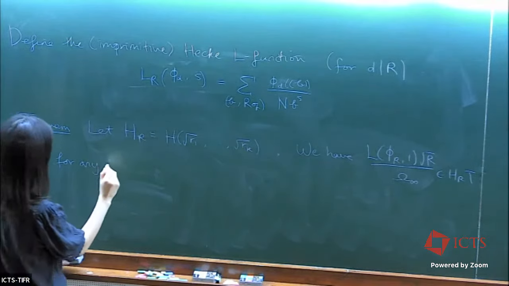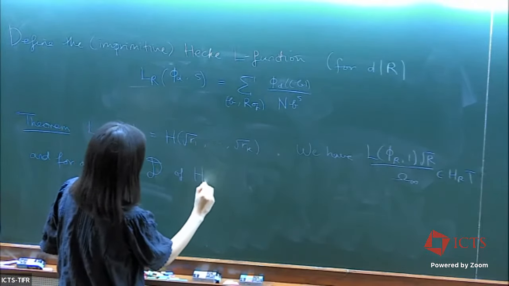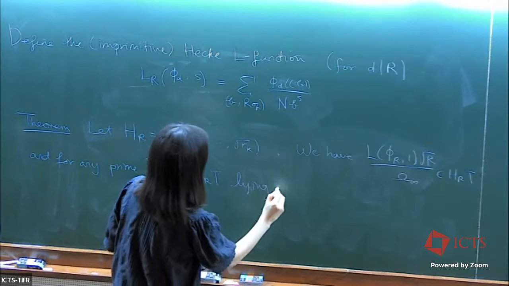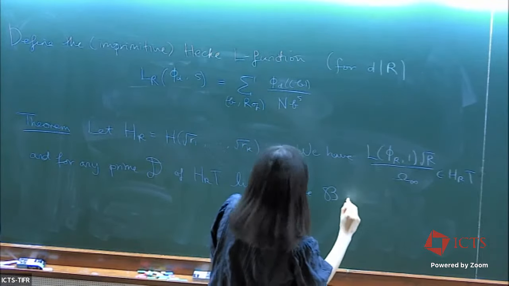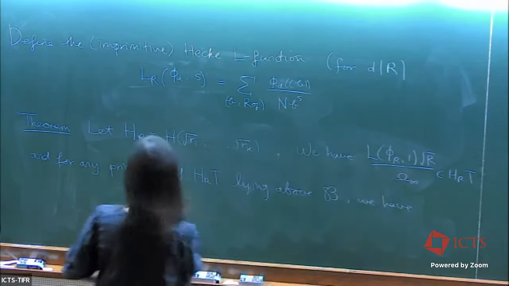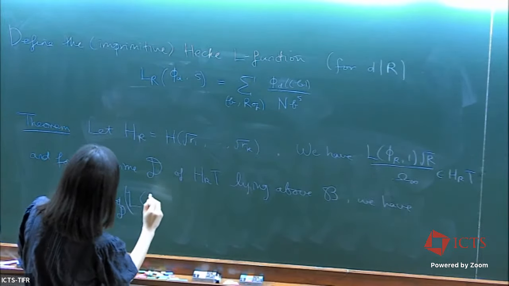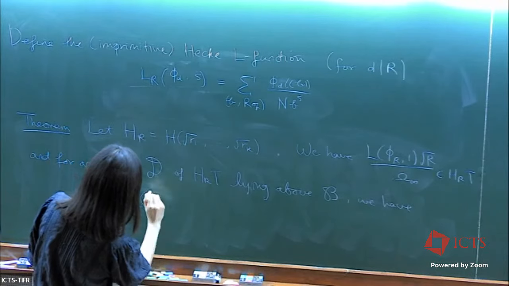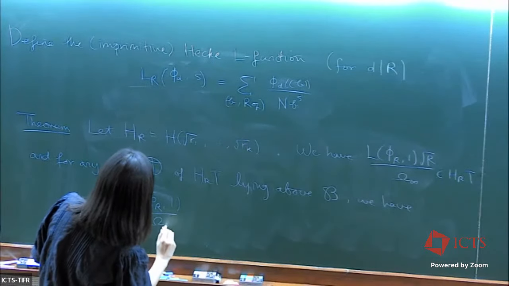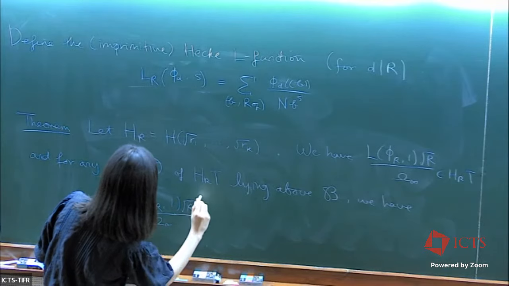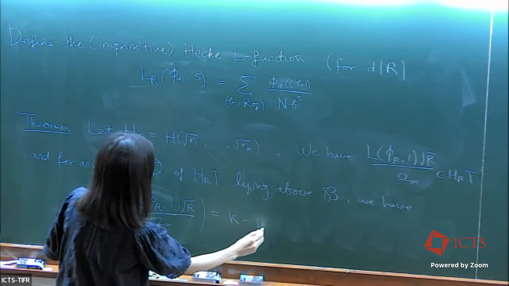And for any prime, let's say curly D of H_RT lying above this special prime, the curly D-adic valuation of this is equal to the number of distinct prime divisors minus 1.